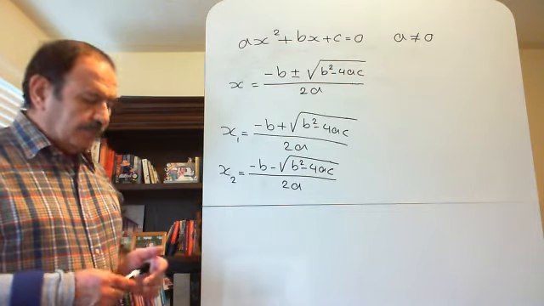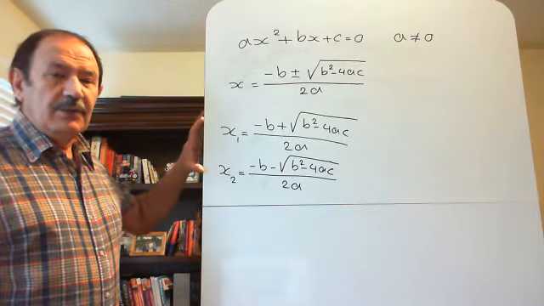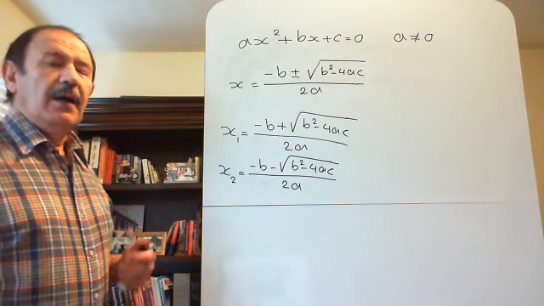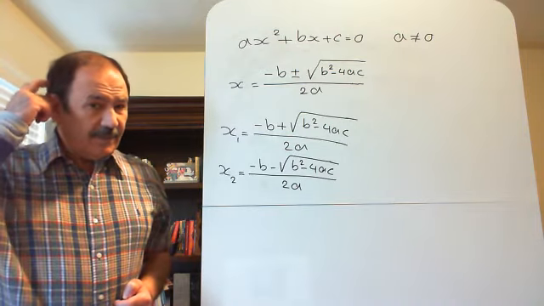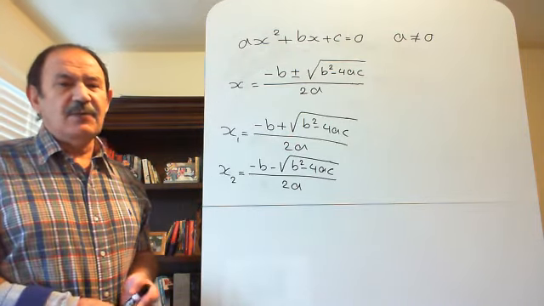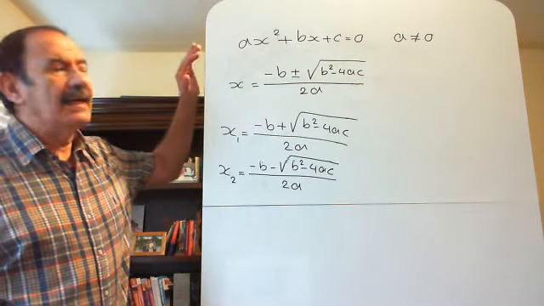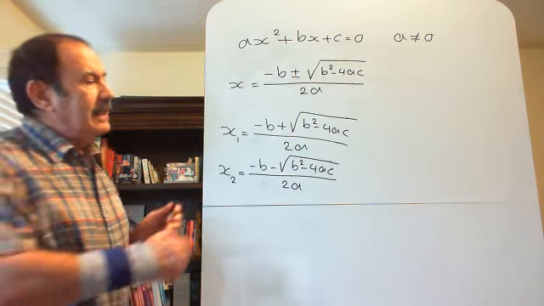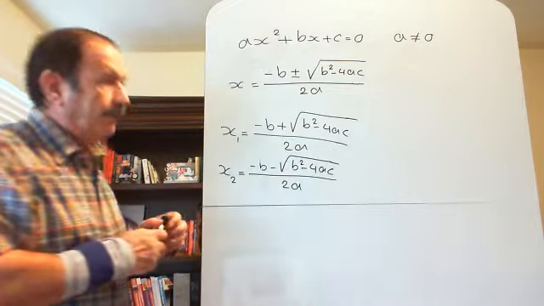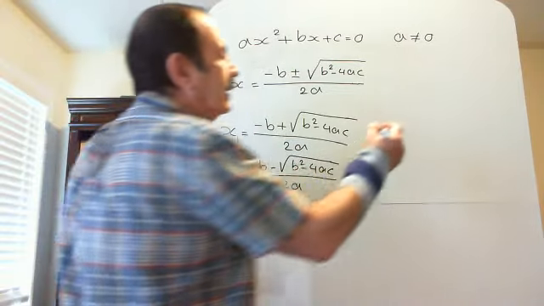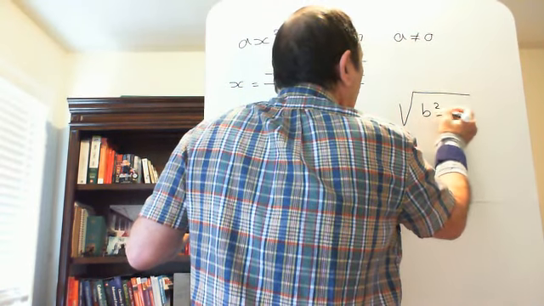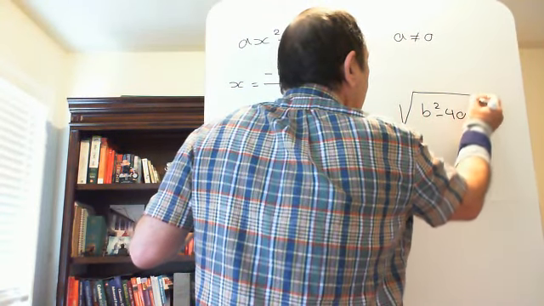Now, as I told you, the quadratic equation can have two answers, one answer, or no answers. How can we figure out the number of answers? Sometimes the question asks you how many answers a specific equation has. This radical, I'm writing it separately, the square root of b squared minus 4ac.